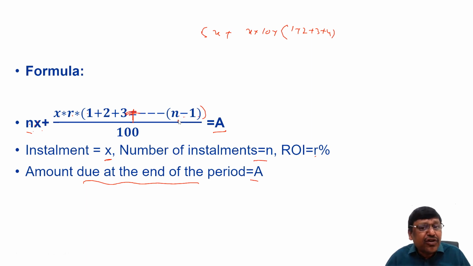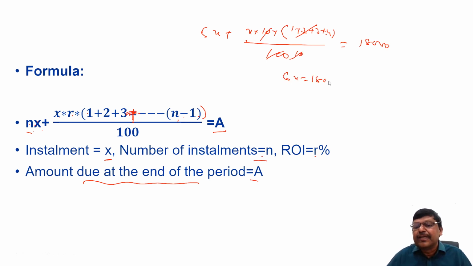If the number of installments is 10, for example, then I should find the sum of the first 9 numbers, and so on, by 100 equals the amount due, which is 18,000. You can see 4 plus 3 is 7, plus 3 is 10, and the 10 and 10 get cancelled, giving 6x equals 18,000, or x equals 3,000. This is the formula. What I explained before was the logic or concept behind that formula.